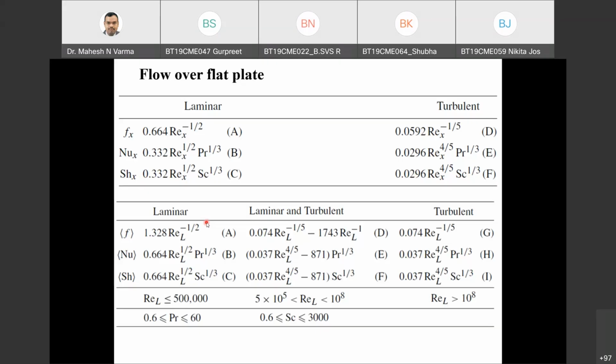Say one set of equations for heat transfer coefficient gives a required surface area of 4 meters square, and another set gives 4.2 meters square. So I should use a limiting value. Which is the limiting value? 4.2 meters square is the limiting value. So the lower value is not the limiting value all the time.